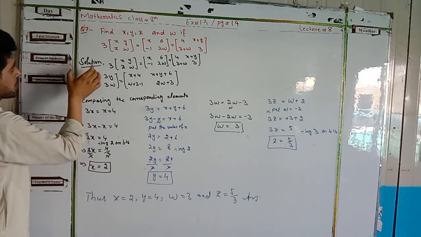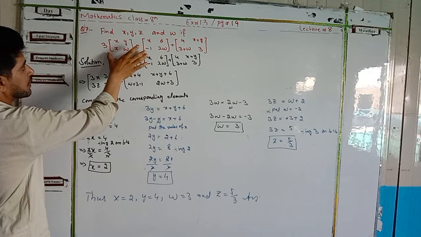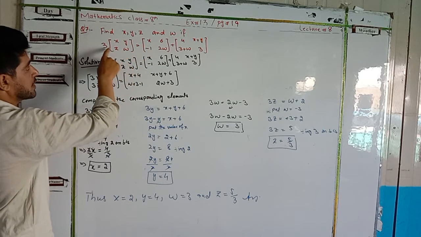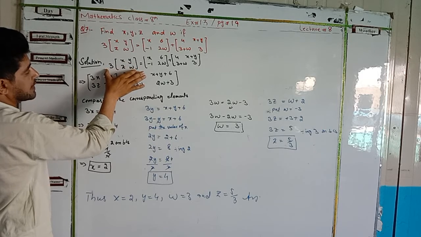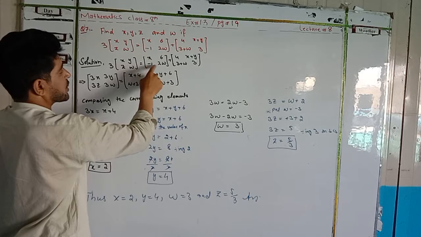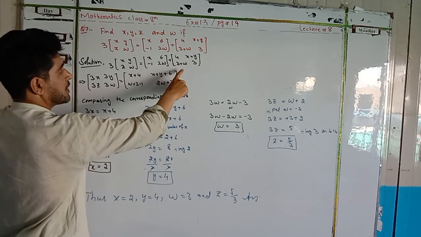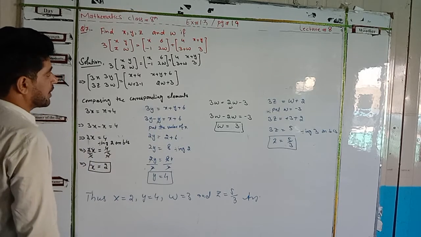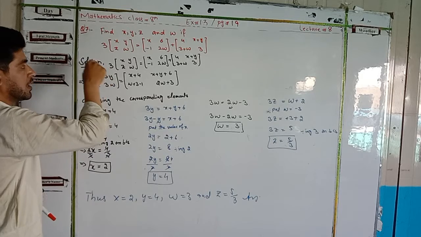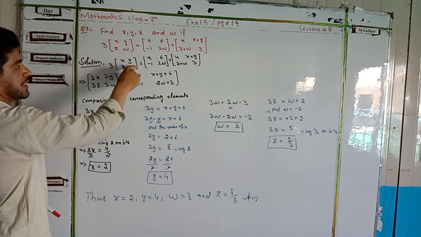Let's start the solution. We write the given matrices: 3 times [x, y, z, w] is equal to [x, 6, -1, 2w] plus [4, x+y, 3+w, 3]. First of all, we multiply all the elements of this matrix.